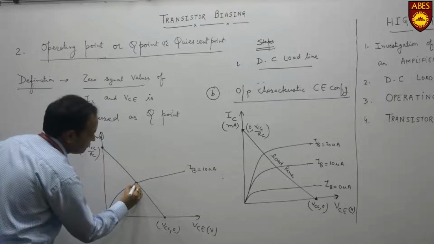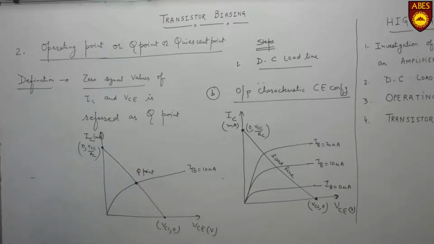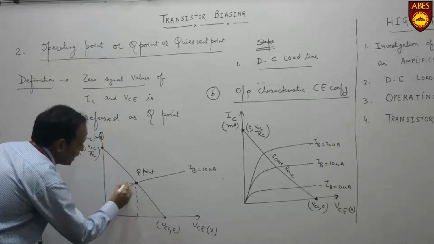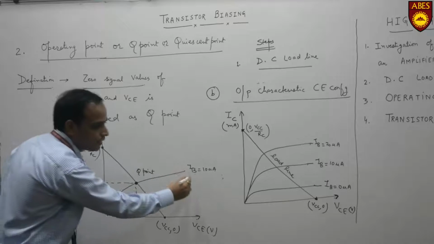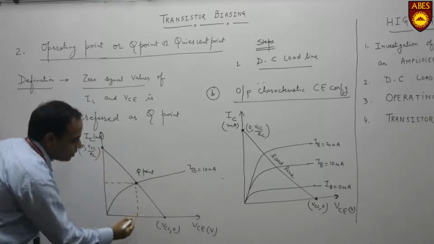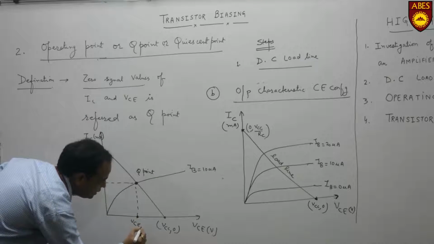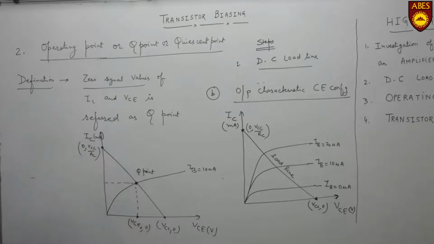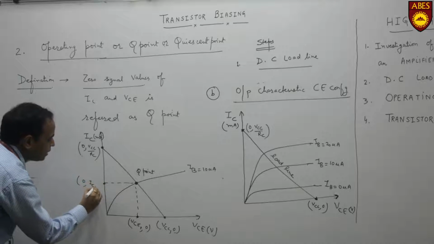So this point is referred to as the Q point. More specifically, we can also say that it is the point of intersection of the output characteristic and the load line. Suppose here we have a value of VCE, say VCE1, and on the y-axis the coordinate is 0 comma IC1.